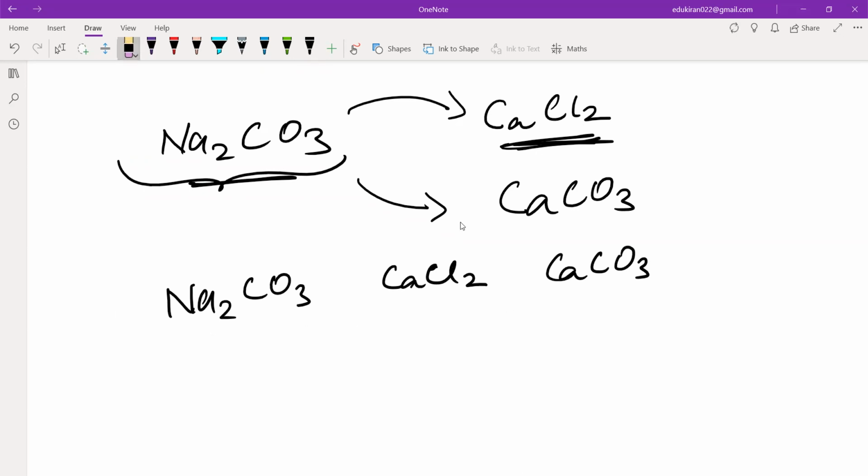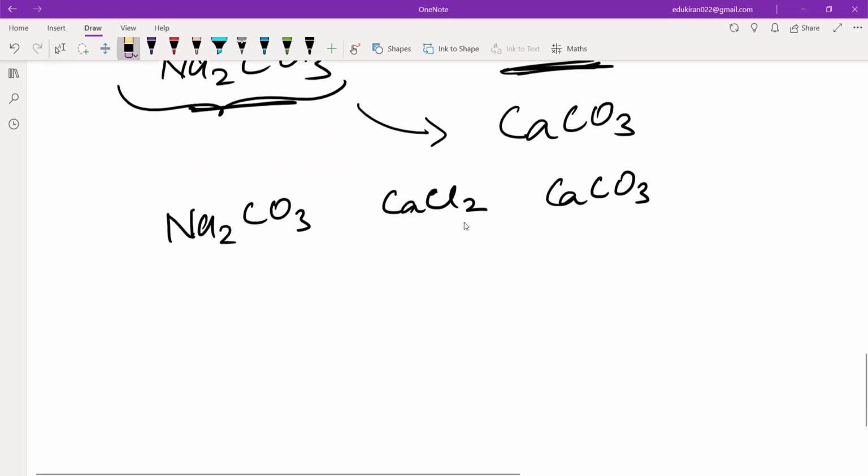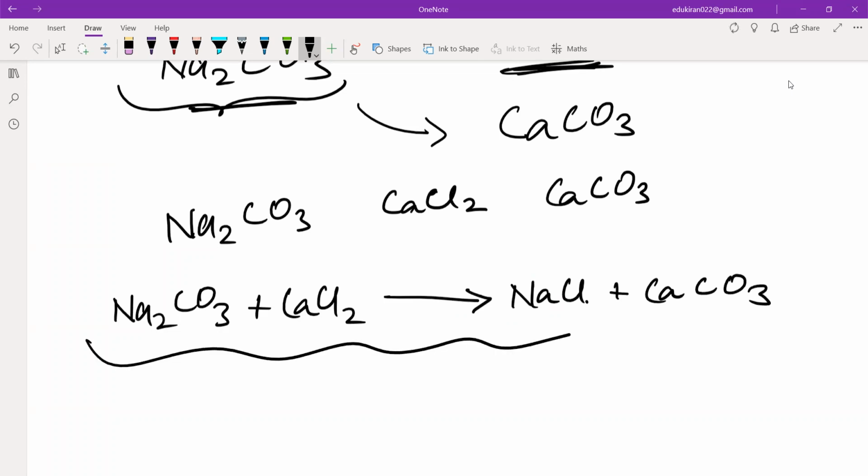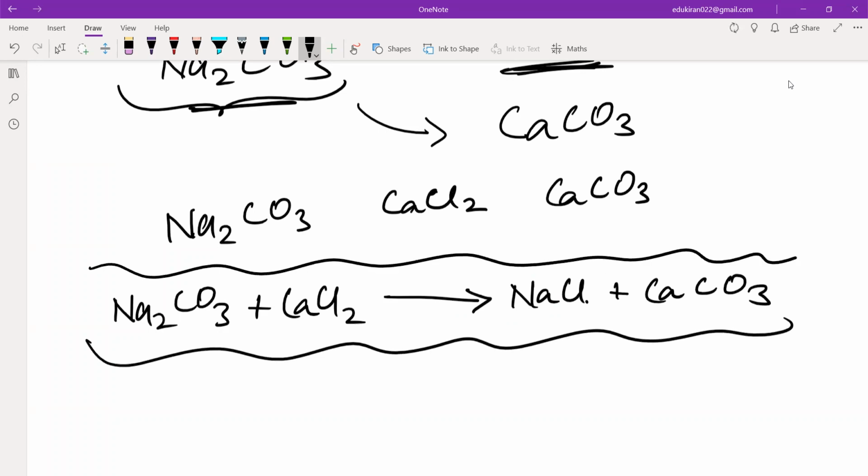He was amazed because if you have Na2CO3 and CaCl2, the Na2CO3 should have reacted with CaCl2 and all of it should have been converted to NaCl plus CaCO3, right? But it was not like that. There were traces of all these molecules present in Natron Lake.